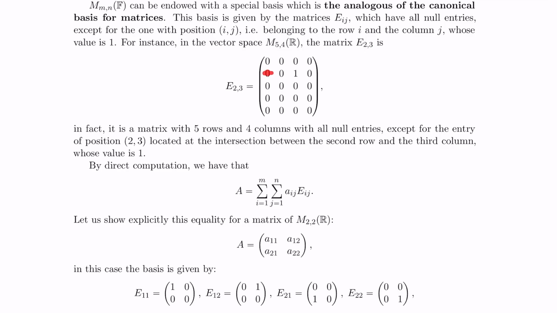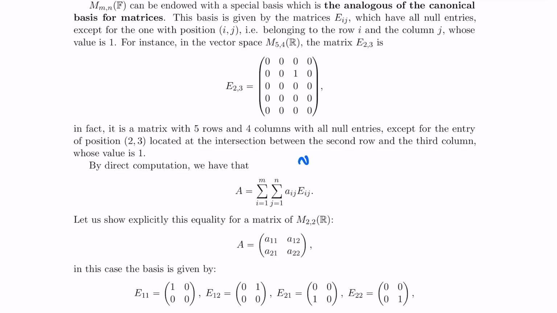So we draw the second row and the third column, and their intersection is exactly this entry here, whose value is 1. Let me show you why this has all the right to be considered the canonical basis.